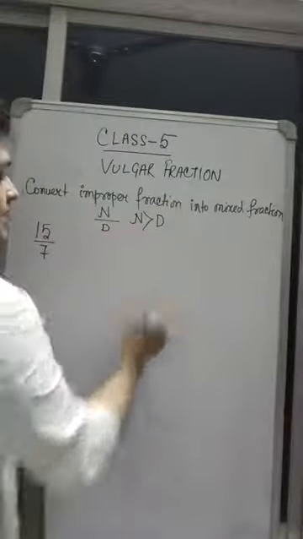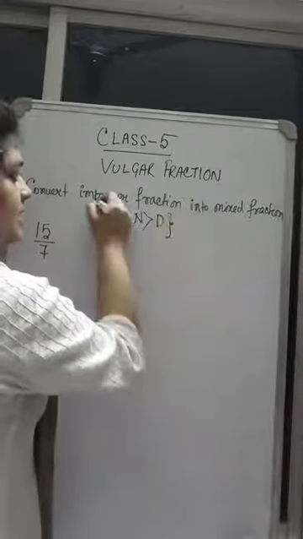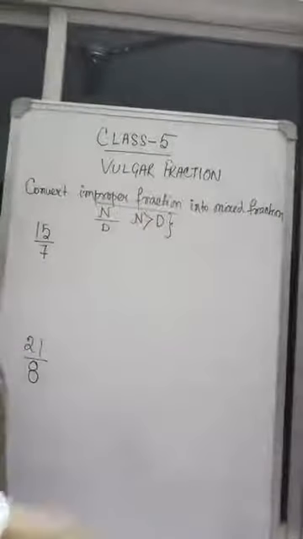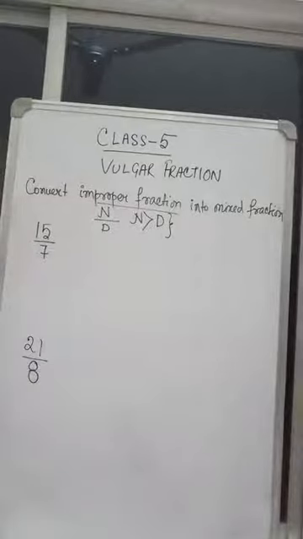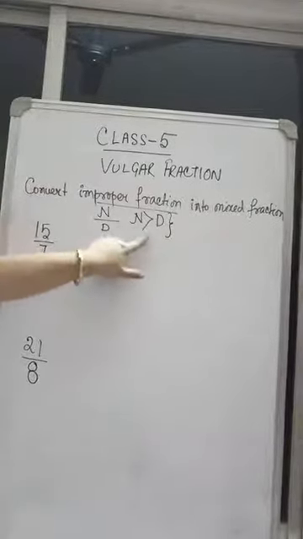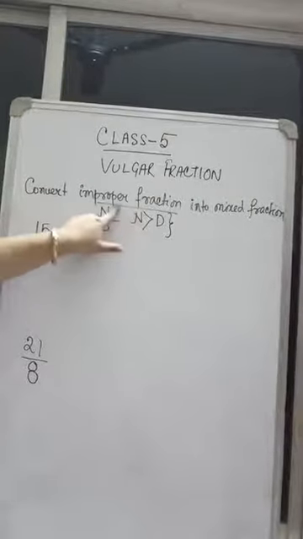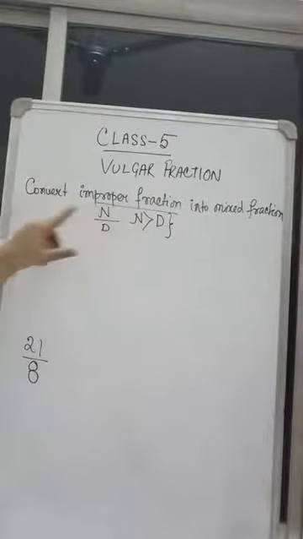And if the numerator value, that is the number written on top, is greater than the denominator, then it is an improper fraction. So some examples, see, 15 by 7. It is an improper fraction. Why is it improper? Because the numerator is greater than the denominator value. So numerator greater than denominator is an improper fraction.